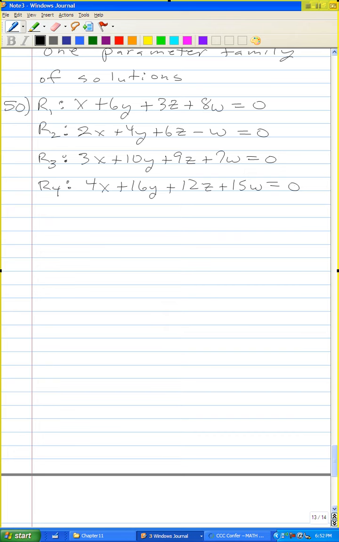Notice R1 plus R2 is R3, and R1 plus R3 is equal to R4.